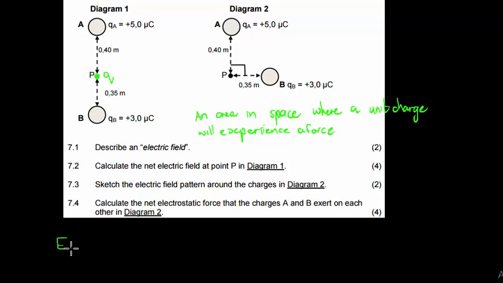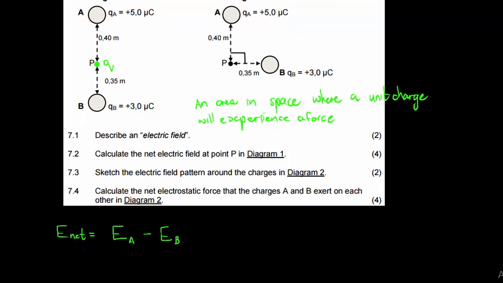So the net electric field will be the difference between the electric field of A and the electric field of B. I take the difference because they're on either side, so they will work against each other if they have the same charge, and together if they have opposite charges.